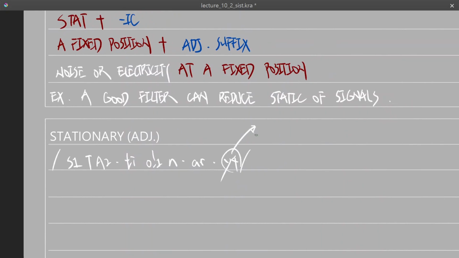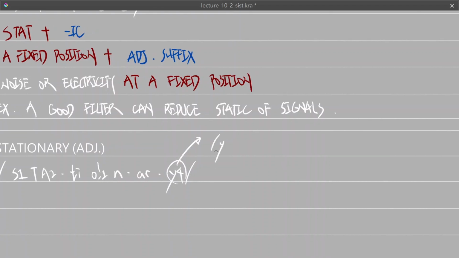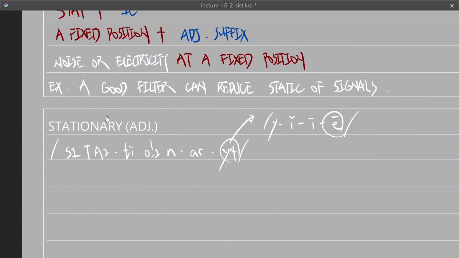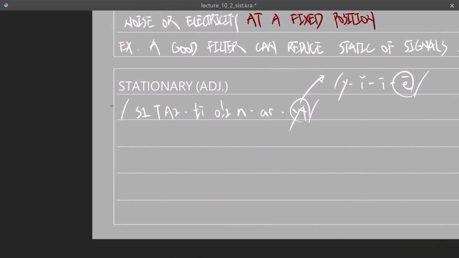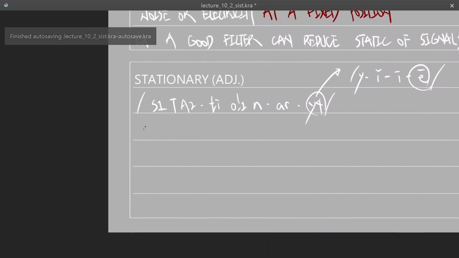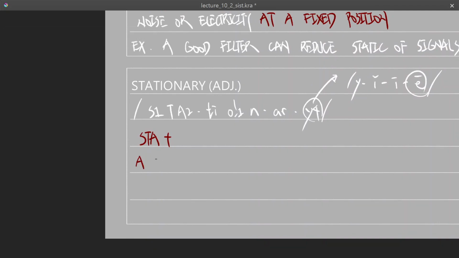The phonogram Y has four sounds: Y, E, Y, E, I, E. And it's the fourth sound, via E-I-E. So stationary. Again we have the root stat, meaning a fixed position.